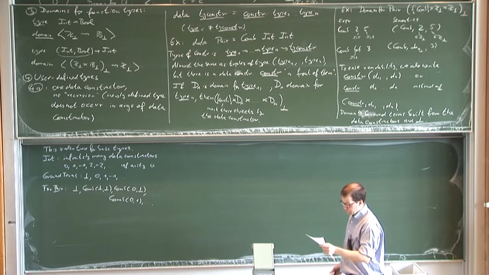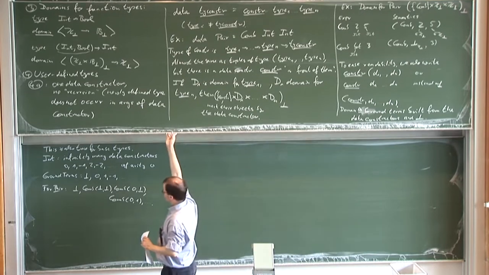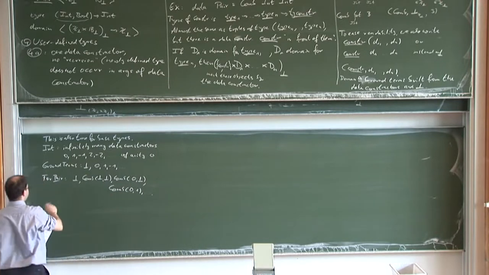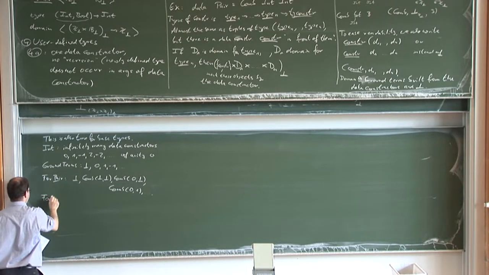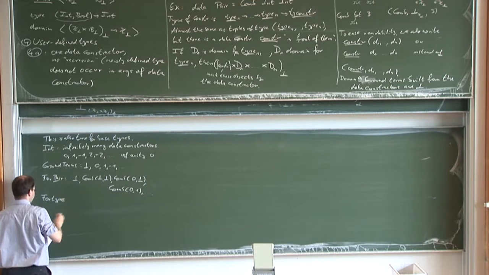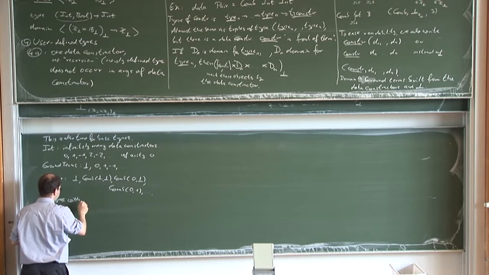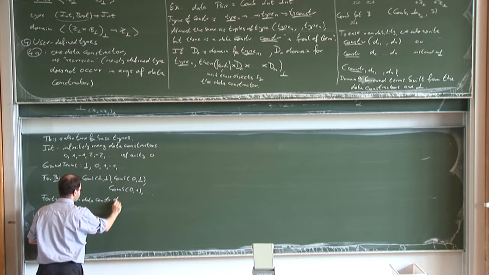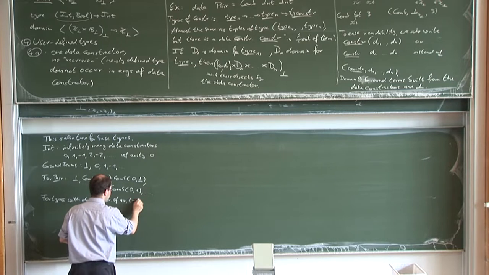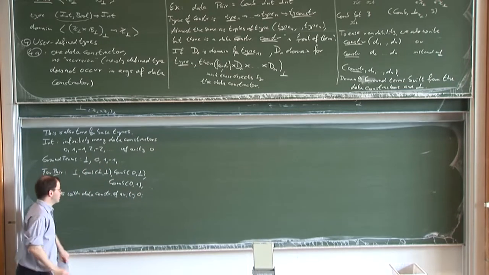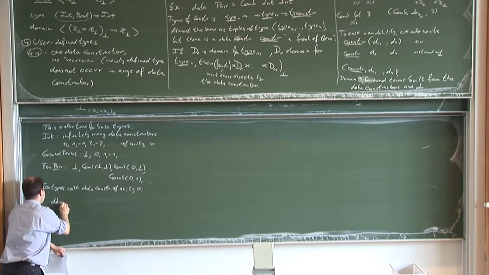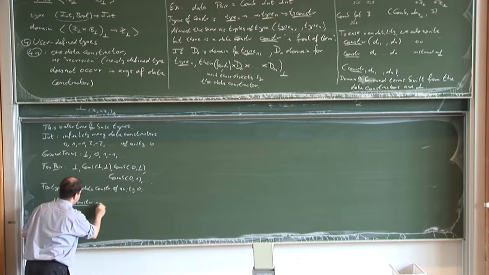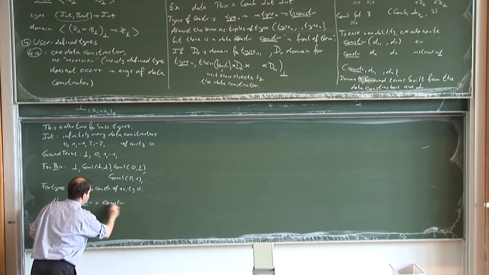And of course we can do it in the same way for types which have just a data constructor of arity 0. So if arity is 0, then we would define it like this: a new data type, a new type constructor, this is the data constructor, and it has no arguments.